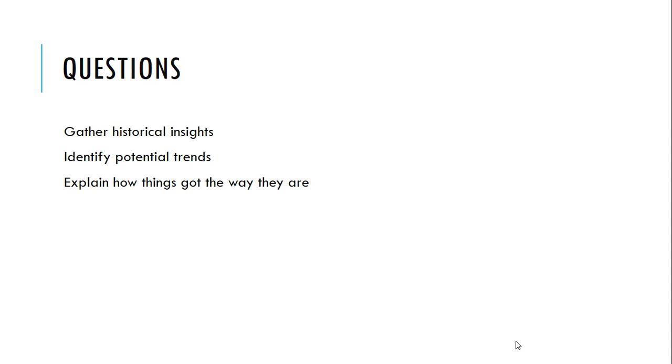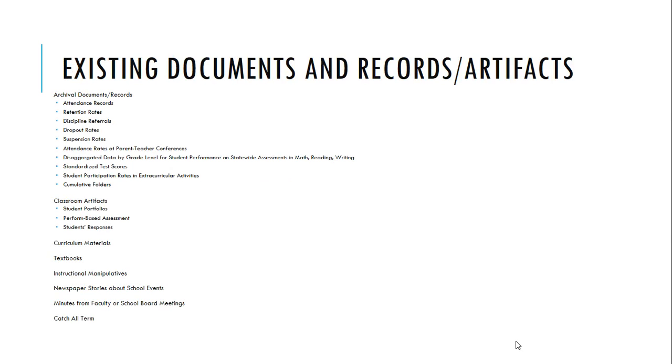It also could help you in your research to be able to figure out how the potential trends might actually work within the school as well as the student in itself, and then just explain how things got the way that they were. And that could be based upon any of these different ways. For example, dropout rates, maybe attendance records, and anything like that.